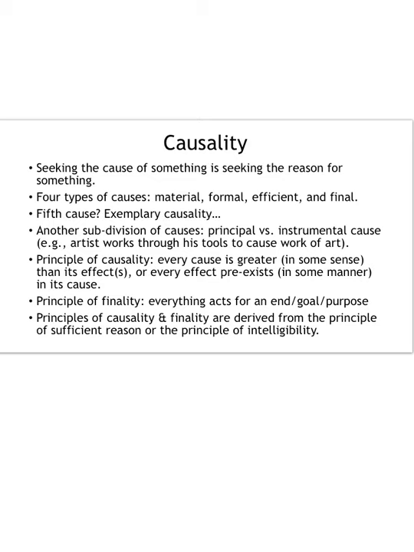Science, empirical science, which has to do with material and instrumental efficient causes, cannot make any claims about formal and final causes. It goes beyond the scope of empirical science. The empirical scientific method is restricted to empirical material things. So it can't make any legitimate claims about whether or not there's a creator.